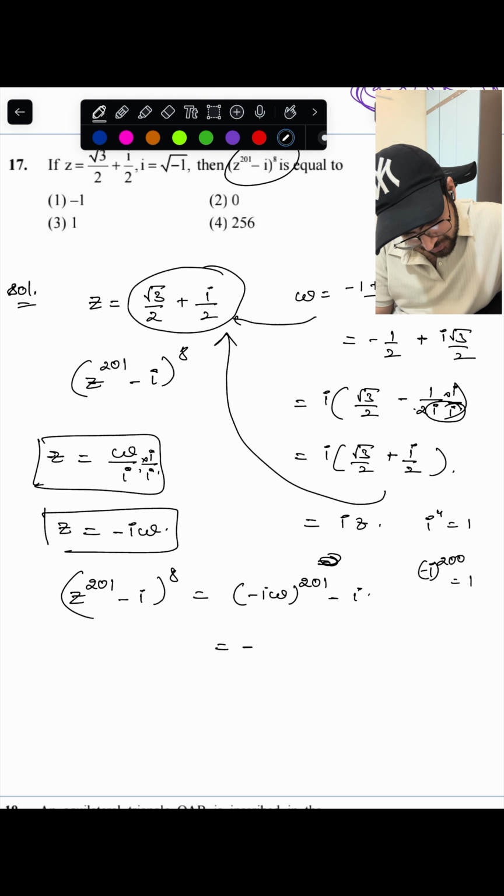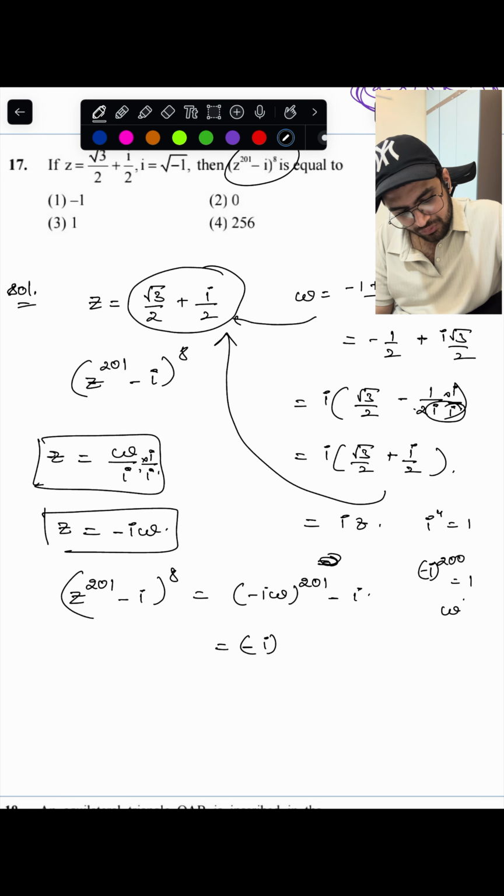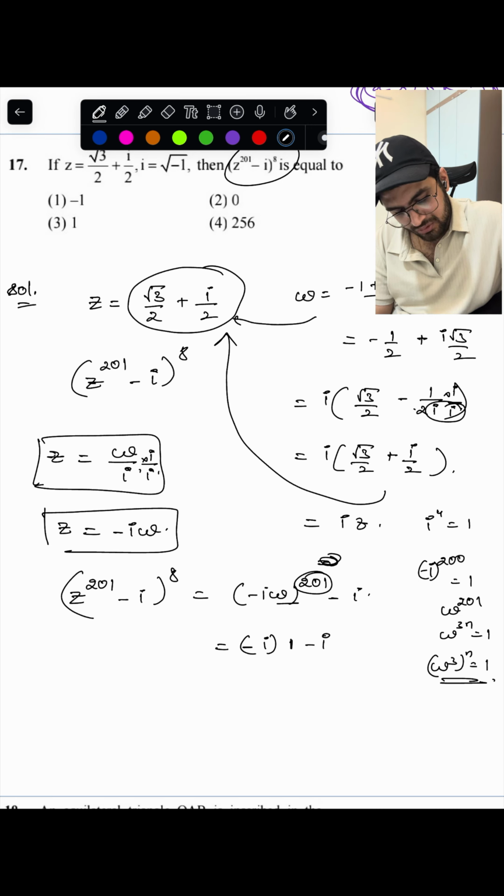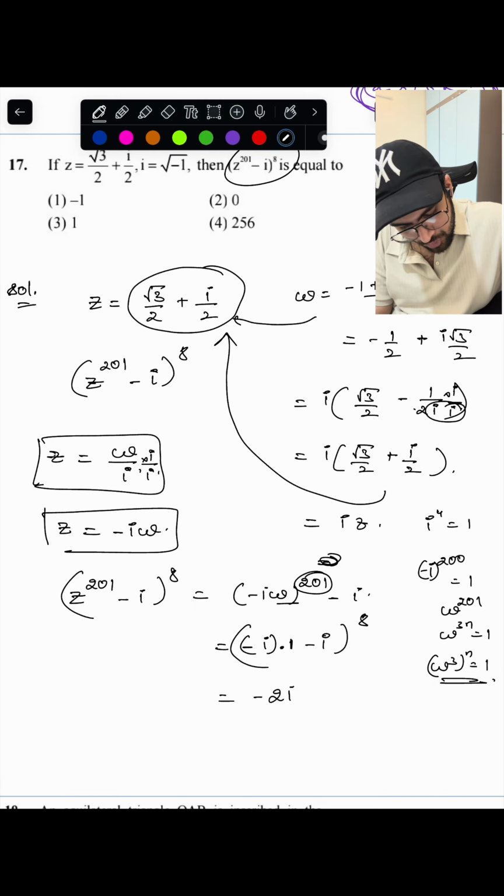We are left with only minus i and omega power 201. Omega cube is 1, so omega power 201, being a multiple of 3, is 1. So it is 1 minus i, so 1 minus i whole power 8. That means minus 2i whole power 8.